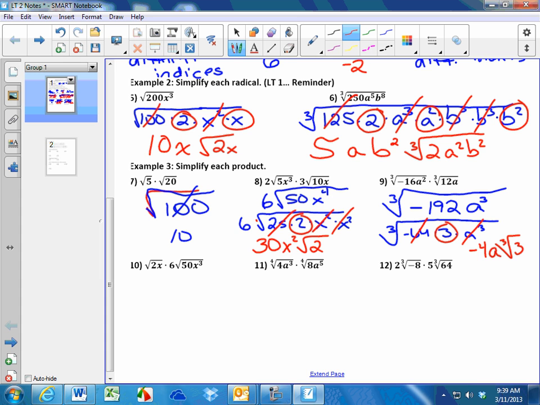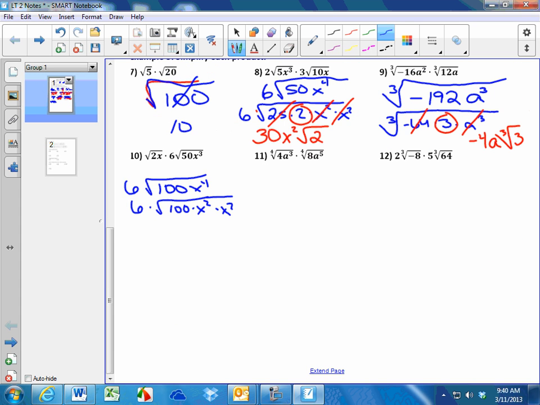Okay, you try 10, 11, 12. That should be 2 times 50, should be 100 under there.